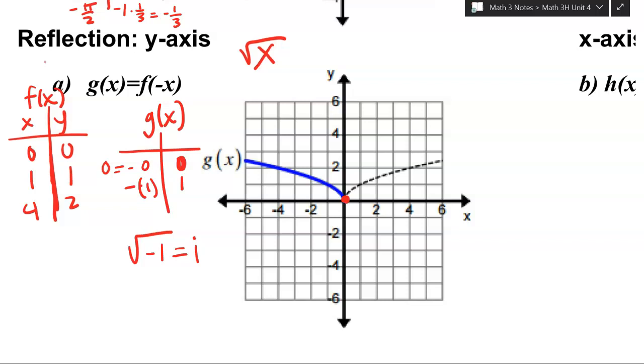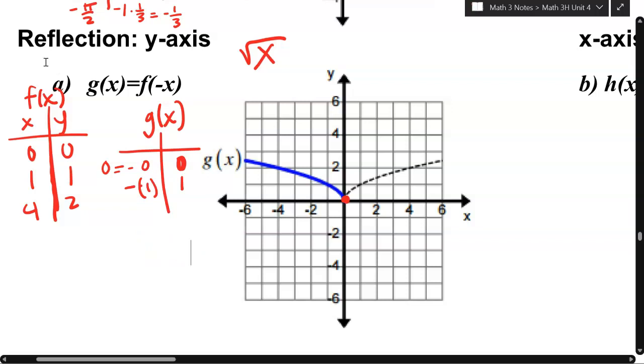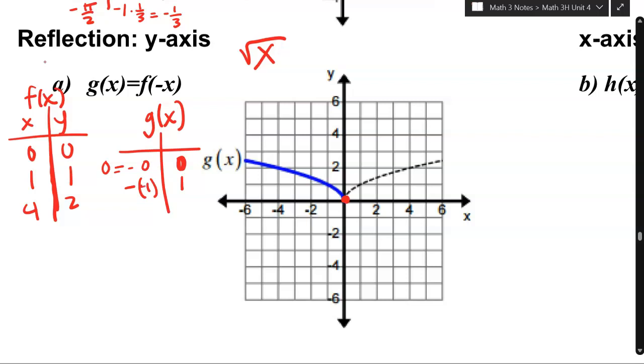So when we are flipping it, it's going to be on the other side. So we will have to change these to negative numbers instead. So negative 1 times a negative is going to be a positive 1. And then we have negative, negative 4.